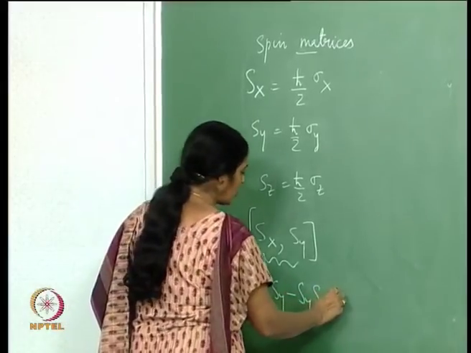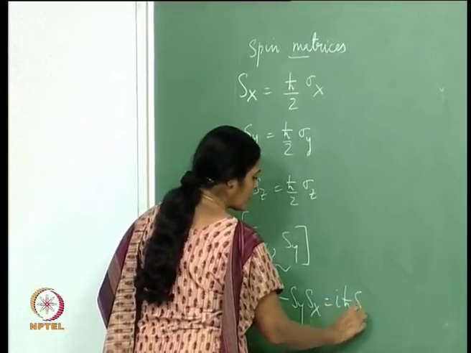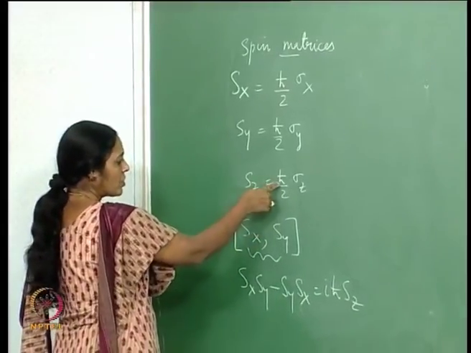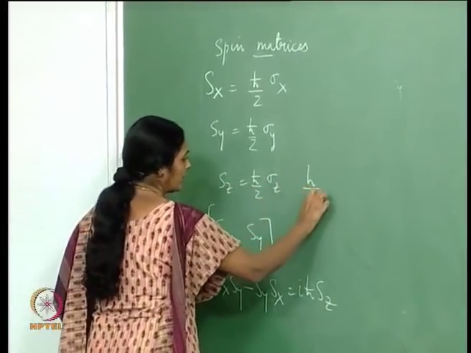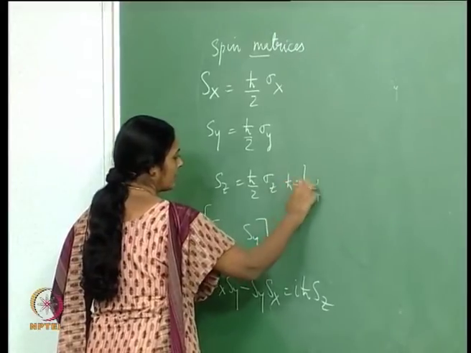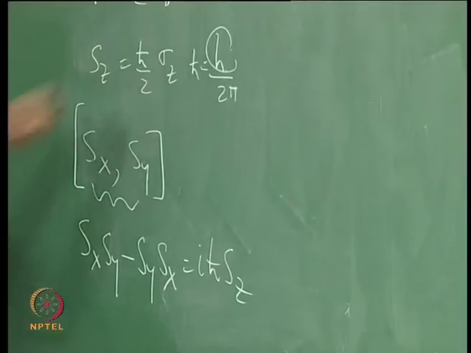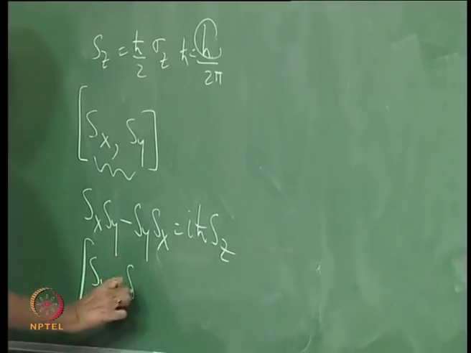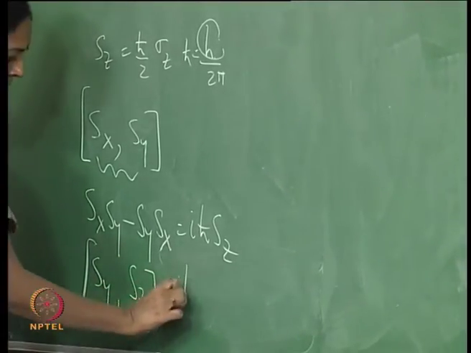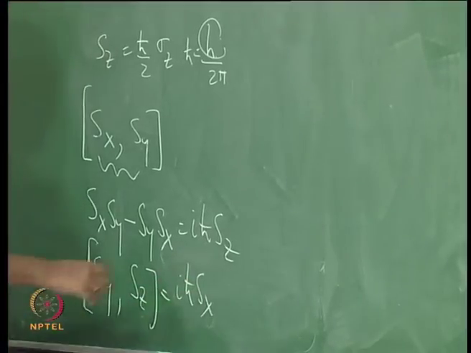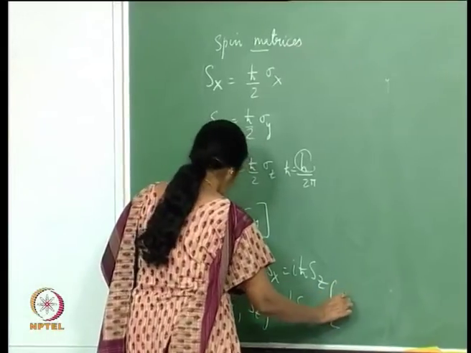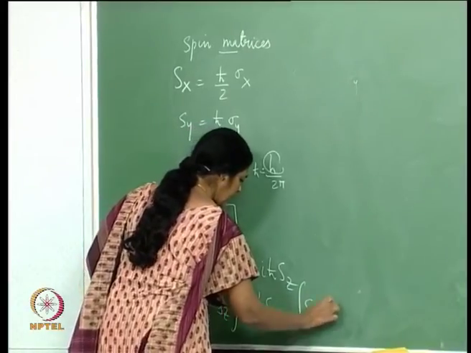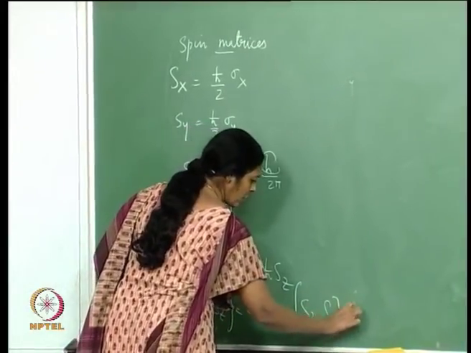If I find this commutator, I can show that it is i h cross Sz, where h cross is h by 2 pi, Planck's constant. Similarly, the commutator of Sy with Sz is i h cross Sx, and the commutator of Sz with Sx is i h cross Sy.